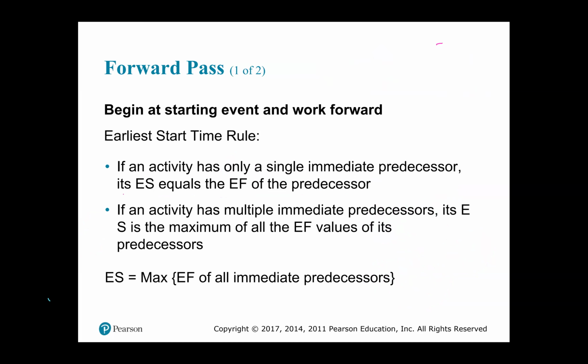At the bottom here, we're simply repeating it, where we say the early start of an activity is equal to the maximum, where we open the curly brackets, of the early finish of all immediate predecessors. So to begin the forward pass, you must have knowledge of that in your mind. All right? I'm giving you a second to look at it and think about it before I flip the page.